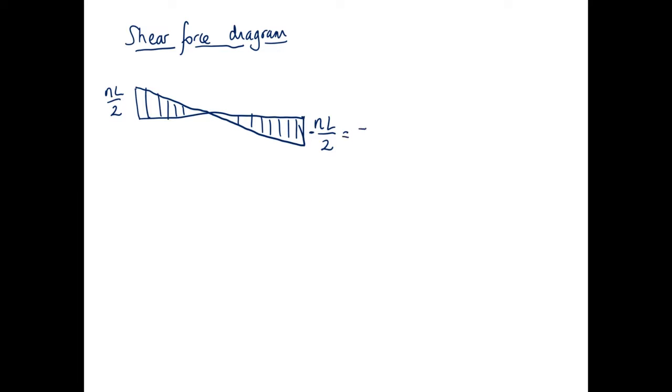So the factored load was 420 kilonewtons per meter times the length, which is 10 meters, all divided by 2. So it's 210 by 10, which is 2,100 kilonewtons. So that's V_Ed at the end. That's your design shear force.